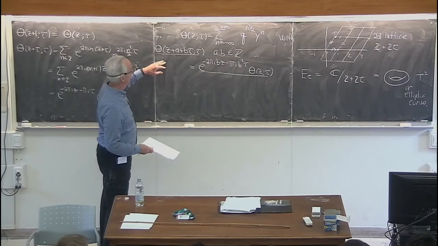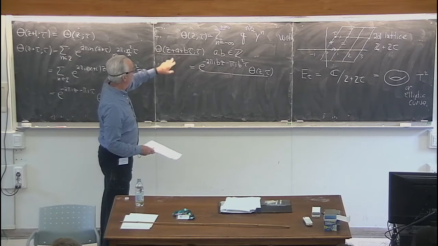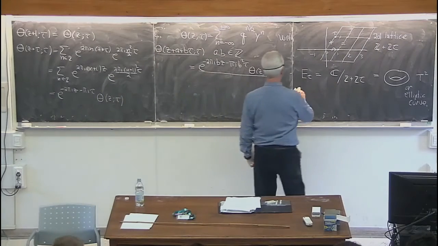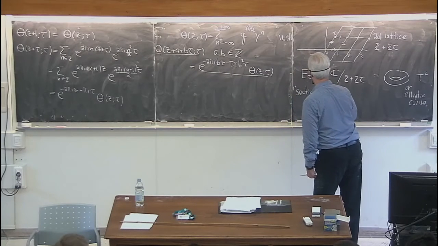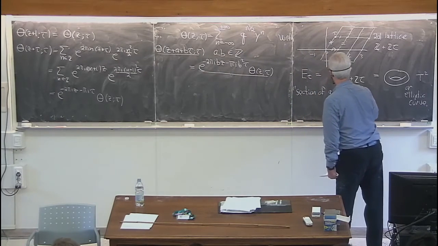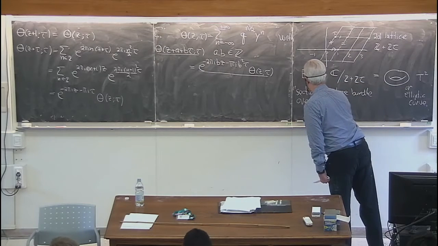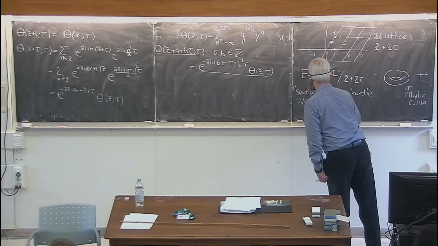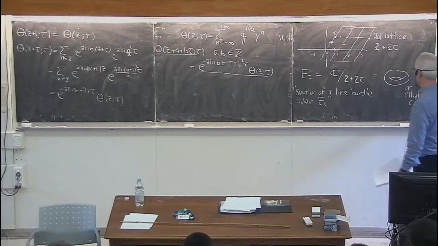I don't want to get into subtleties like this yet, but what this theta function really is a section of a line bundle over E tau, meaning that it comes back up to a phase when you shift by a lattice vector.